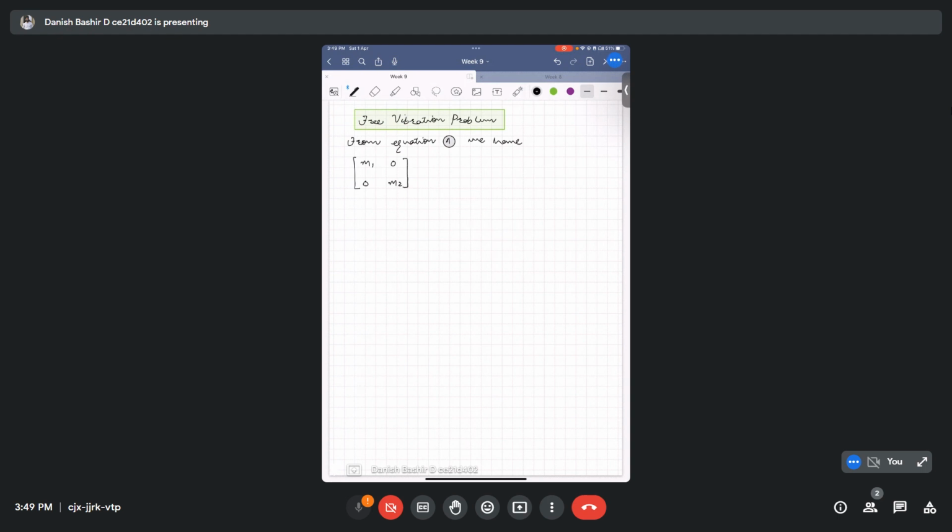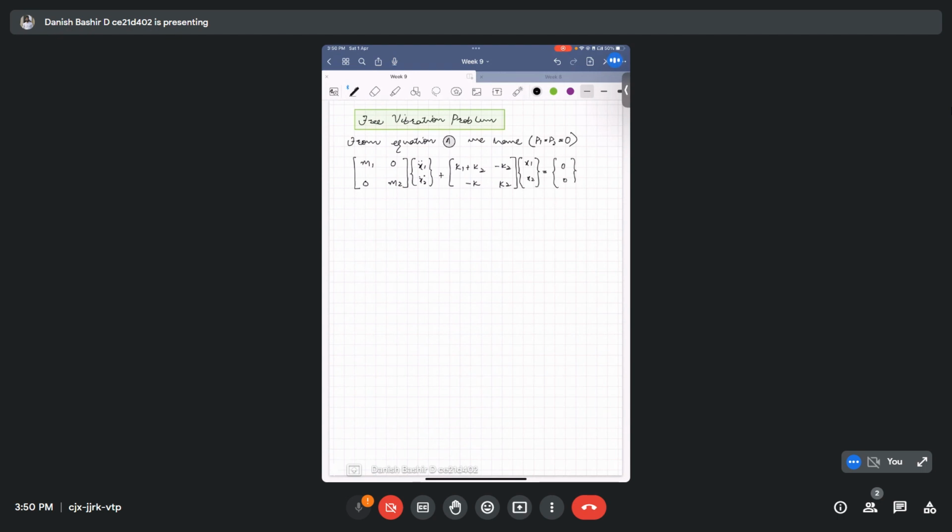We have accelerations x1 double dot, x2 double dot, and then the stiffness matrix as already derived: k1 plus k2, minus k2, minus k2, and positive k2. Here we will assume P1 is equal to P2 is equal to 0 because it's a free vibration problem. X1, X2 are the displacements, and here the load vector is 0.